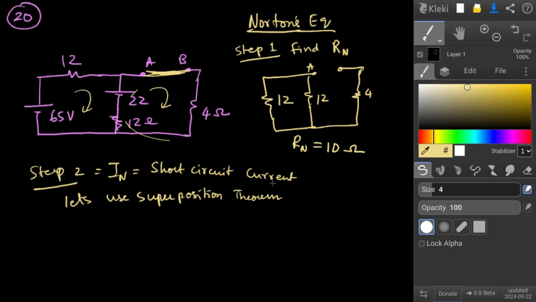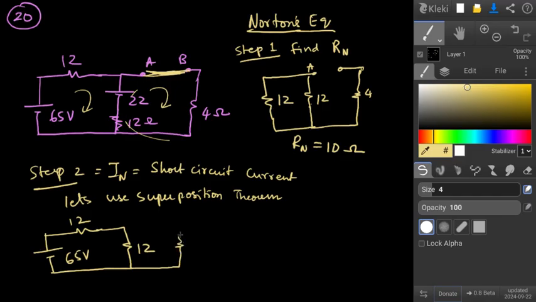First consider only 65 volts. So one voltage source I'm considering. This is 12, and this is 12, and this is 4, and this is short circuited.